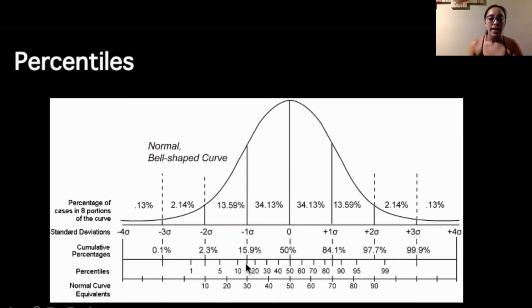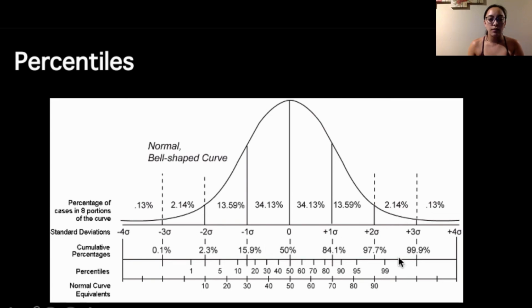So if we do 85 minus 15, about 70%, approximately 68, right, is between the first standard deviation, okay? From there, if we extend outwards, we're looking at about 95% of our data being between +2 or -2 standard deviations.